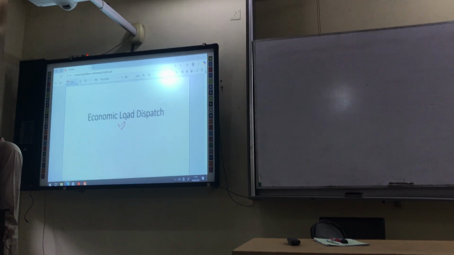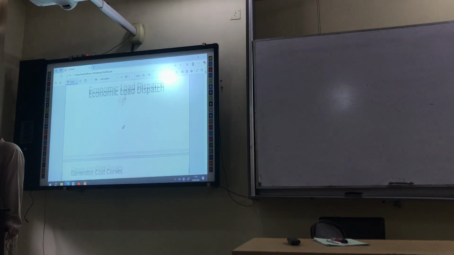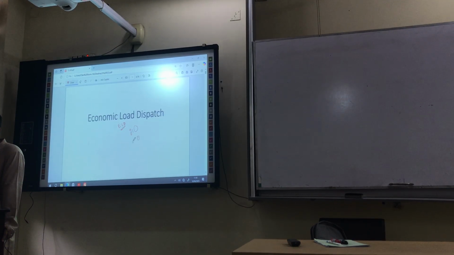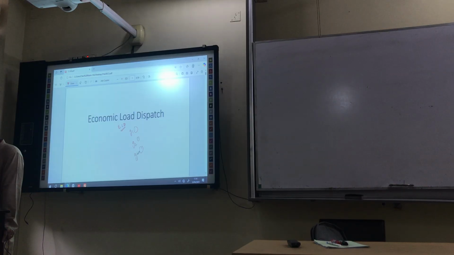So what is economic load dispatch? Before going into the details, let me give one example. Let's say we have 3 generators: generator 1, generator 2, and generator 3. These 3 generators are connected to a power system network, and let's say this network is delivering power to customers.